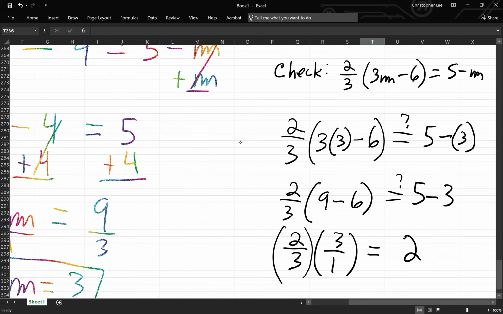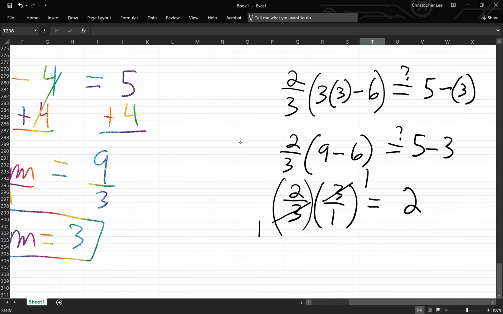Yeah, not the weed killer. We should reduce it, right? So 3 goes into 3 ones, 3 goes into 3 ones, right? Multiply straight across, we have 2 is equal to 2. And that's the check.